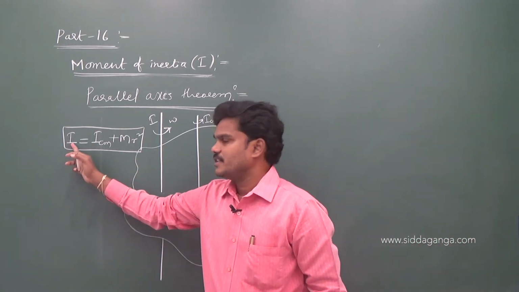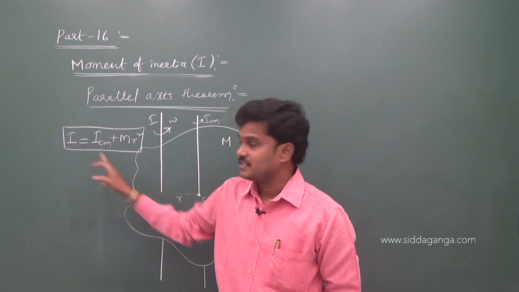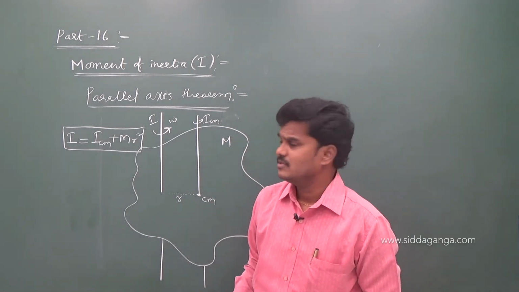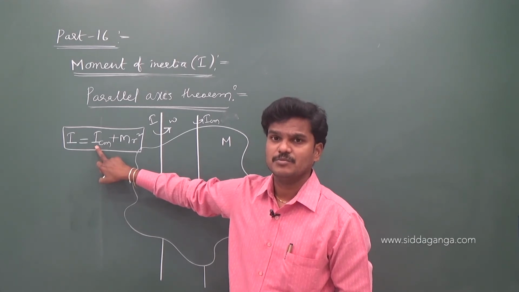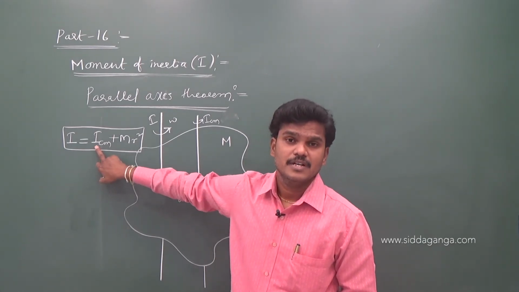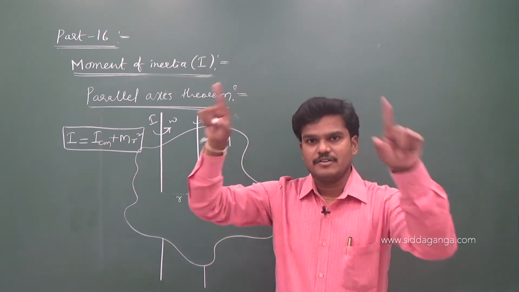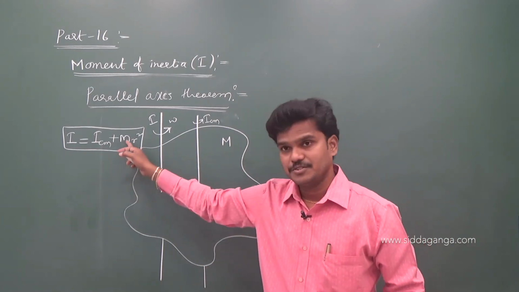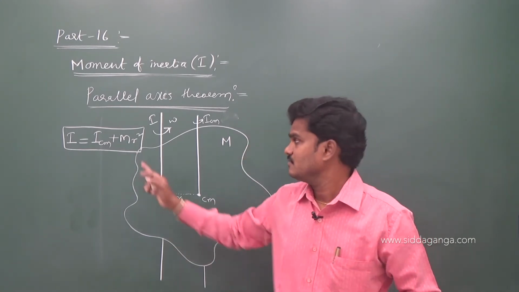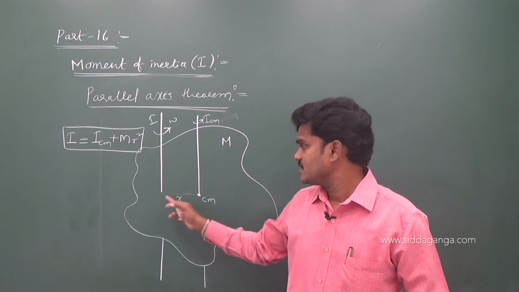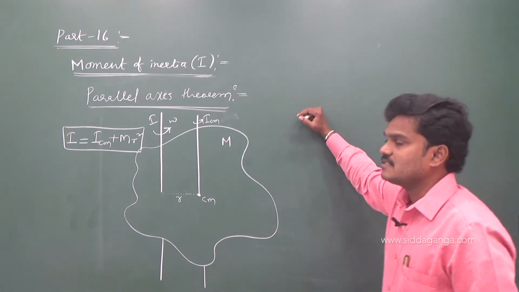The moment of inertia of a rigid body about any one axis is equal to the sum of the moment of inertia of the rigid body passing through the center of mass and the product of the mass of the rigid body and the square of the distance between the two parallel axes. So this is the parallel axis theorem.